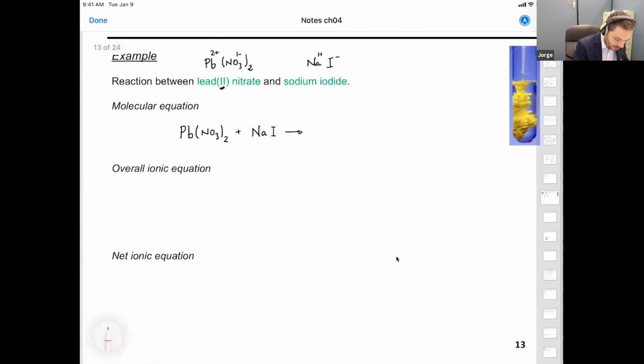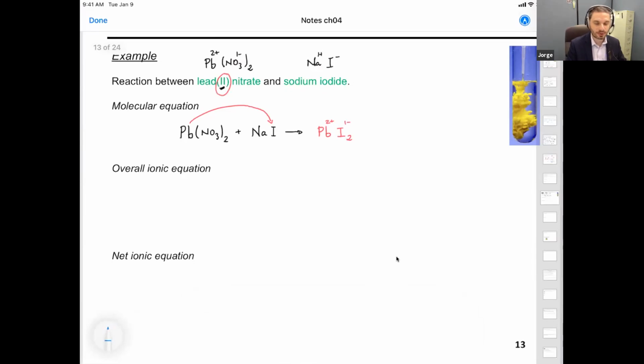That means the positive cation from one salt is going to combine with the negative part from the second salt, and that's going to produce PbI. Remember that we are dealing with lead in the 2 plus state, and iodide is always 1 minus. Crossing the charges, we have PbI2.